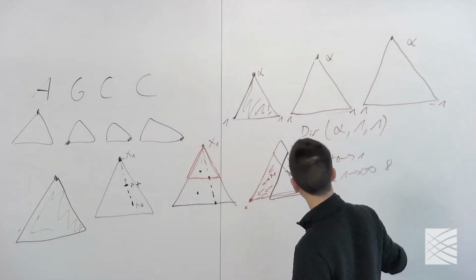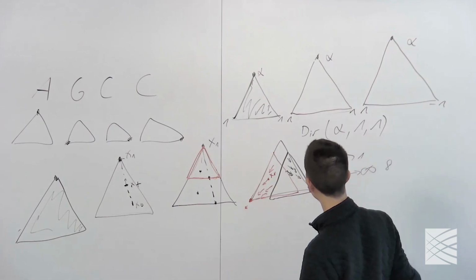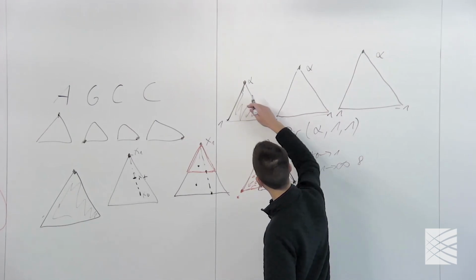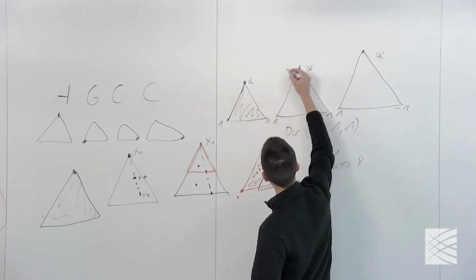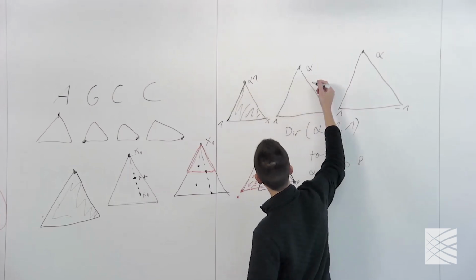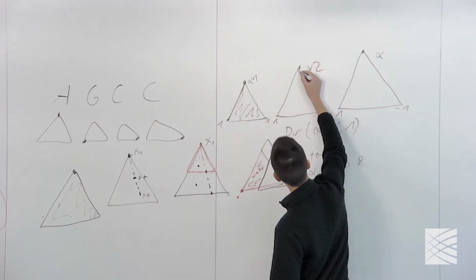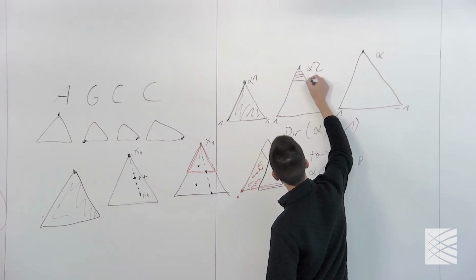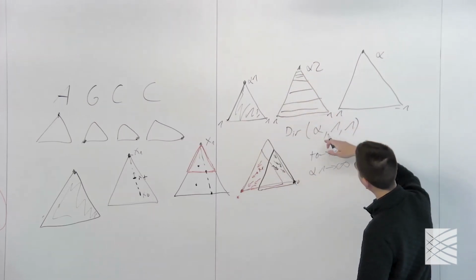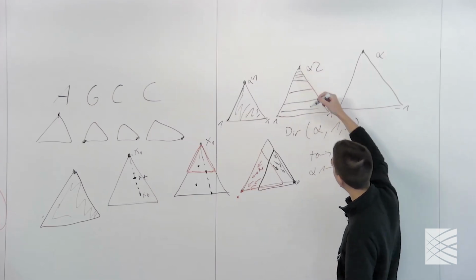Maybe we don't all know how these Dirichlet distributions look. If this is 1, then this will be the uniform distribution. If this is 2, then a lot more mass is concentrated up here than down here.